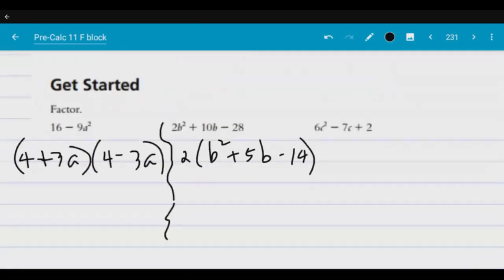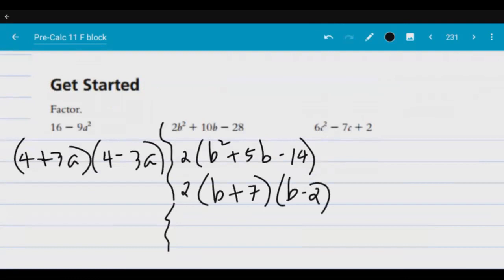So to factor the trinomial, you will have to find two numbers that multiply to negative 14 and add to positive 5. So that would be 7 and negative 2. So b plus 7, b minus 2. Okay. So again, as you do this, since it's really very simple, it is very easy to make a mistake. So just quickly check.